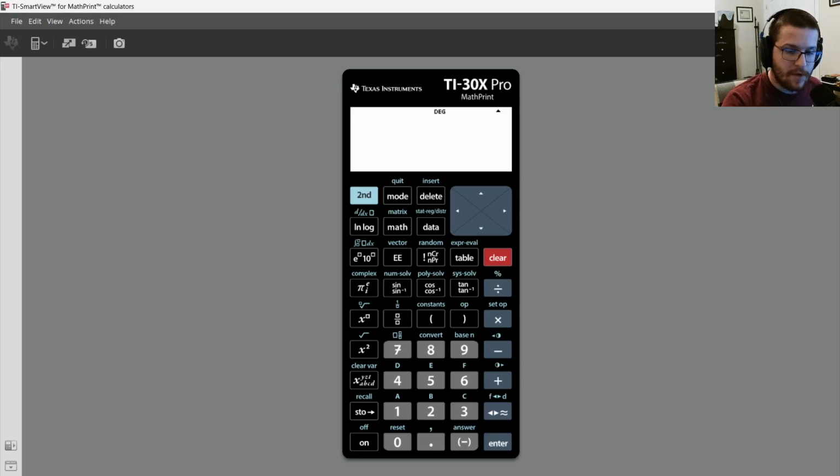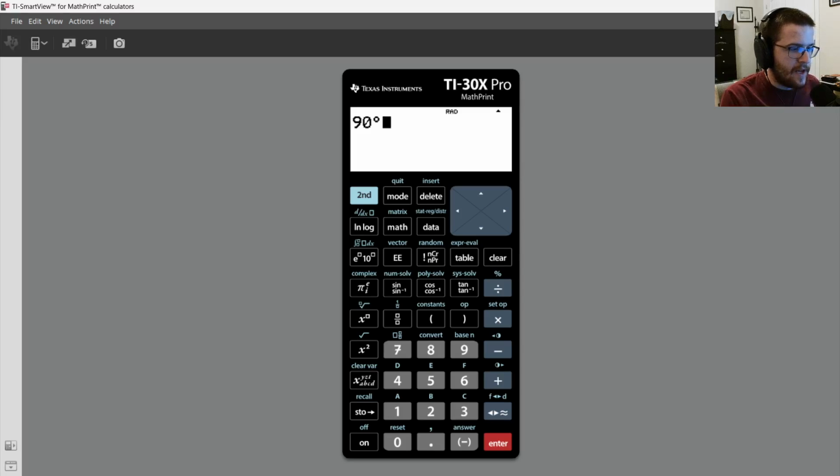Okay, so if you're going to do this completely on the calculator, first you have to change the mode to radian. So I'm going to press mode and then highlight radian, press enter, and then I'll press clear to get back to the command line. Now I'm going to type in 90, and because we're doing 90 degrees, I'm going to press math, right, and then enter to put a degree symbol.